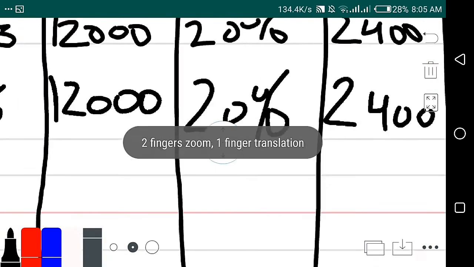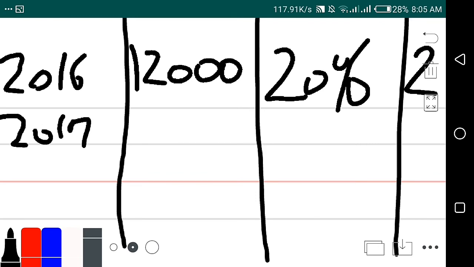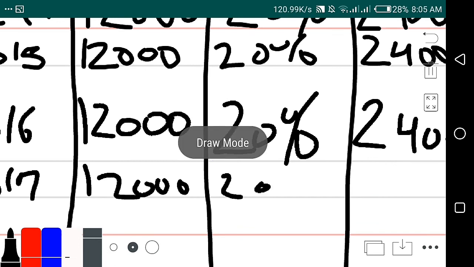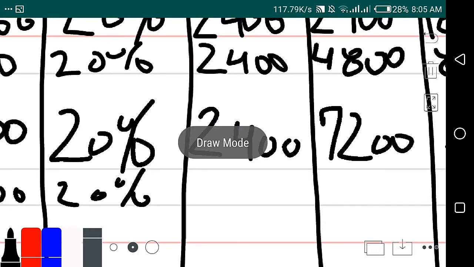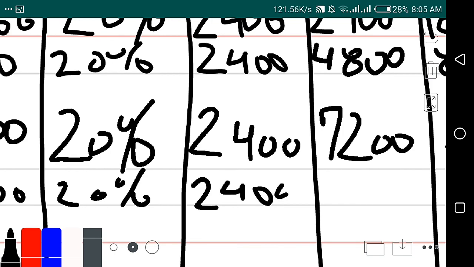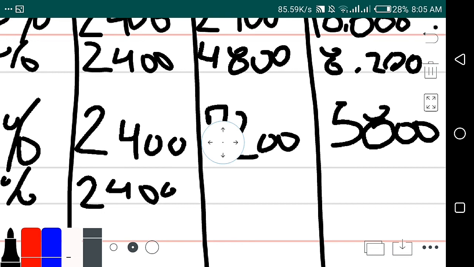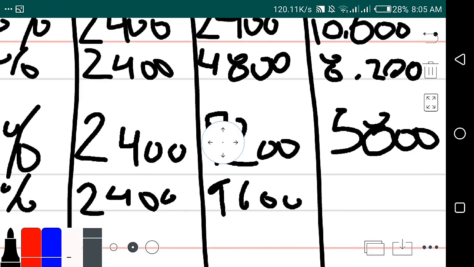And for the next year, it is the same, 12,000 times 20% is equals to 2,400, and when we calculate the accumulated depreciation, it is 9,600, and therefore the book value would be 20,400.